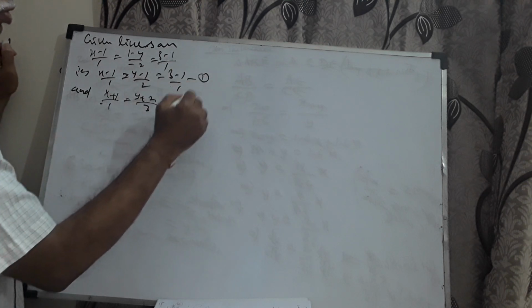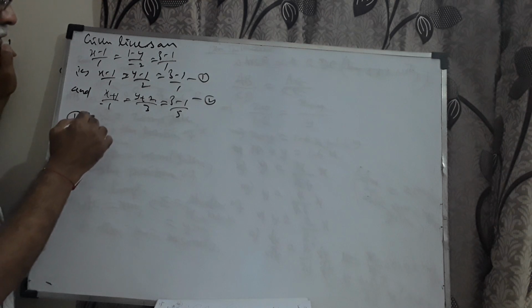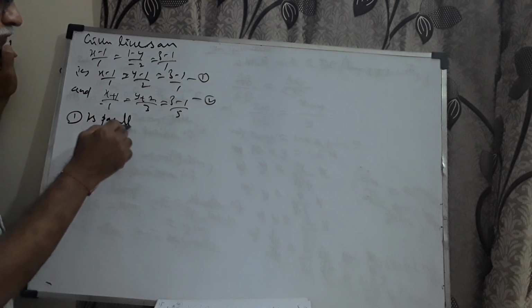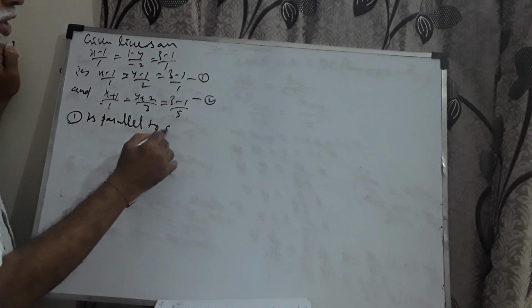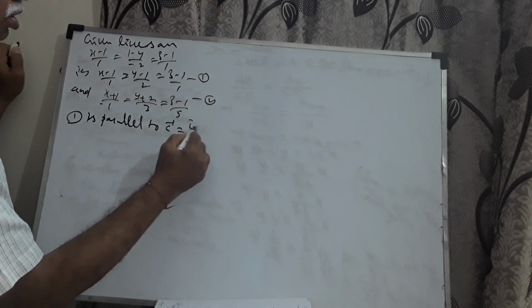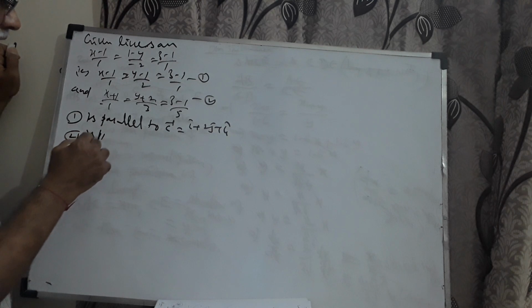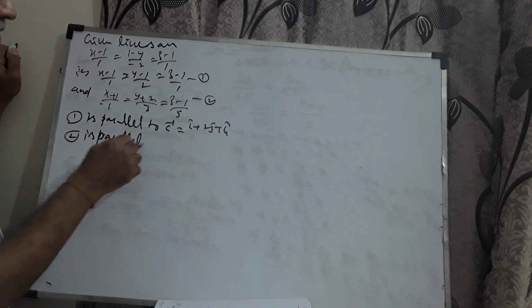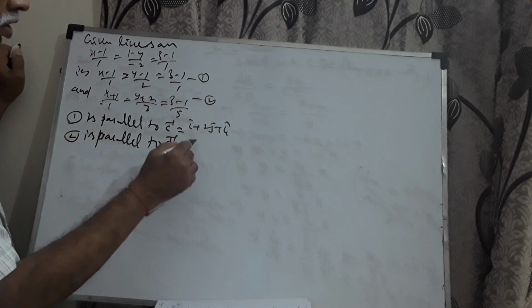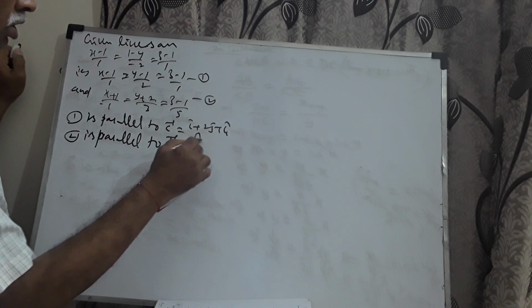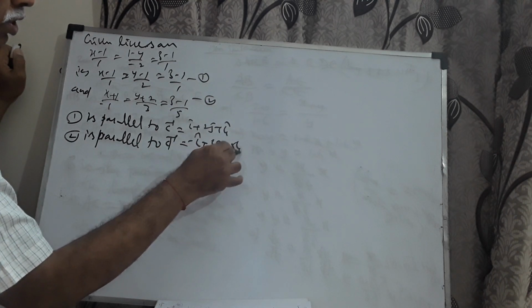You just name them as 1 and 2. Line 1 is parallel to, let us say, the vector c = i plus 2j plus k. Now line 2 is parallel to the vector d = minus i plus 3j plus 5k.